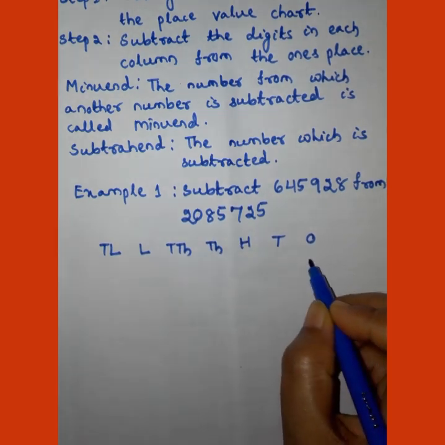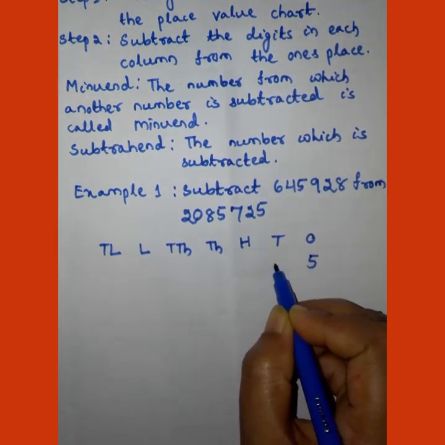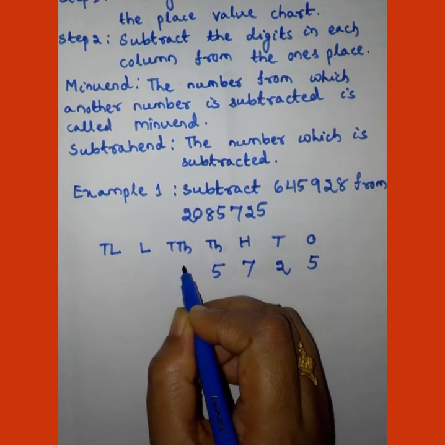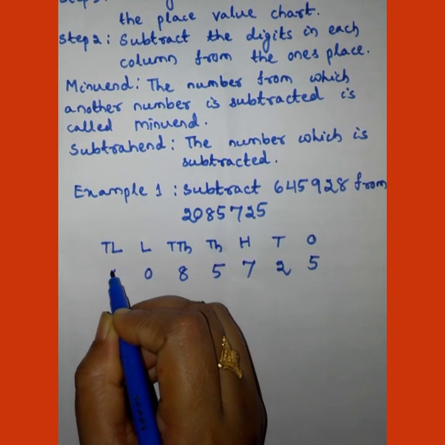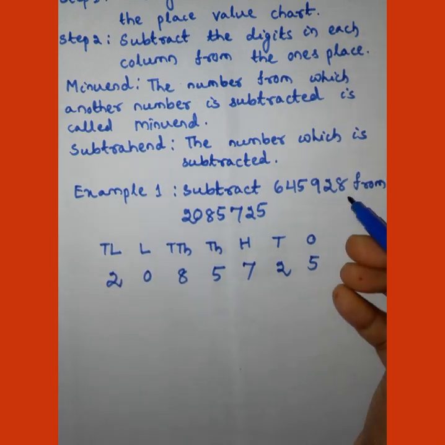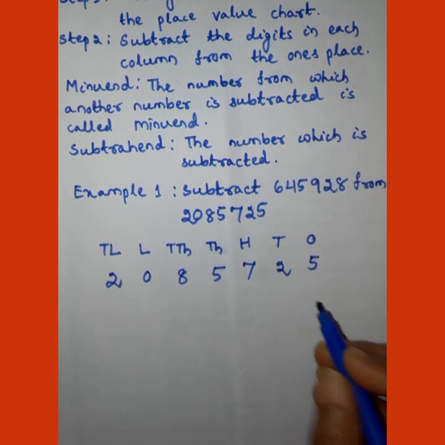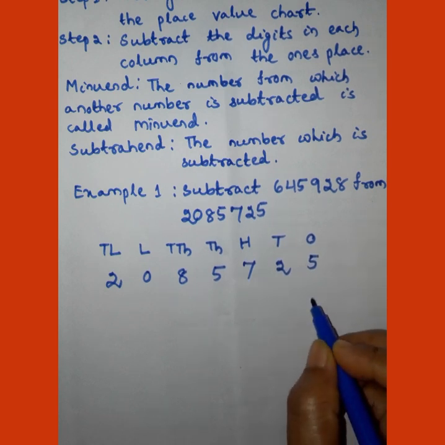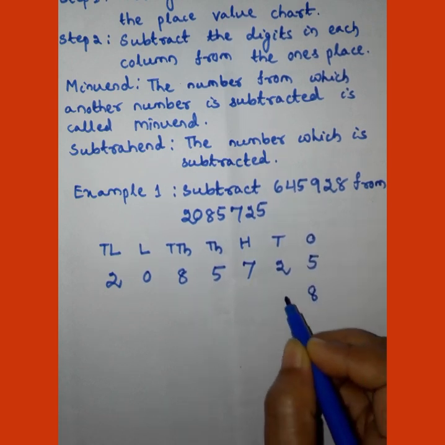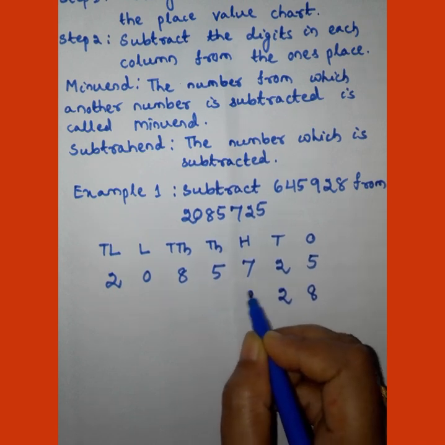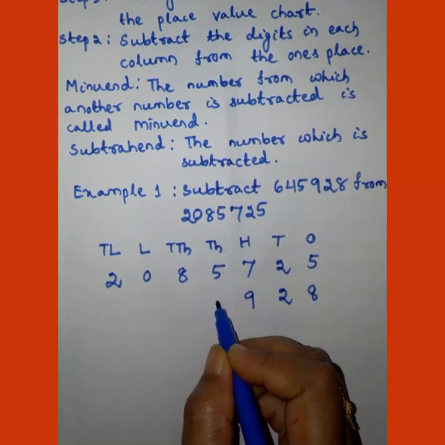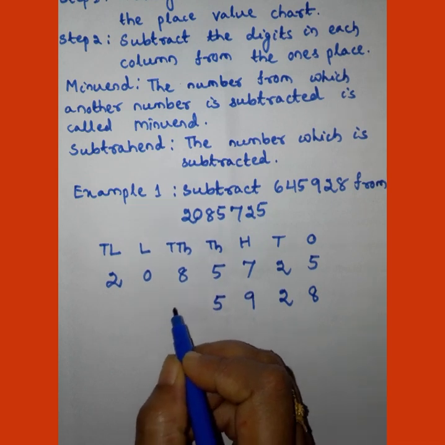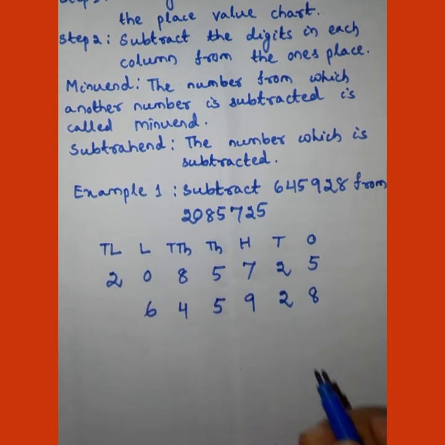Write down the numbers from ones place: 5, 2, 7, 5, 8, 0, 2. Then write down the second number below the first number from ones place: 8, 2, 9, 5, 4, 6.